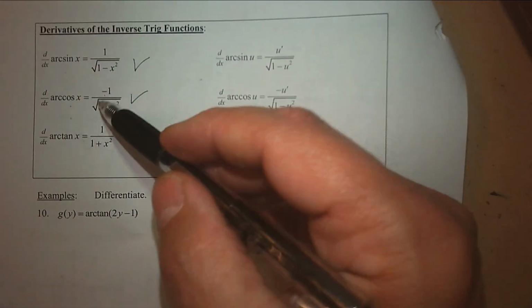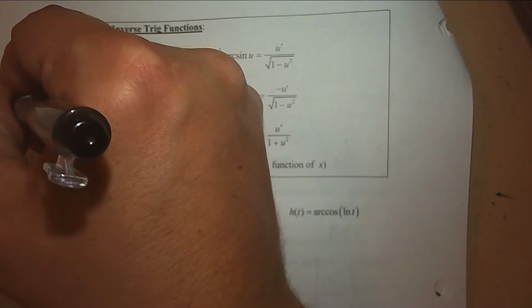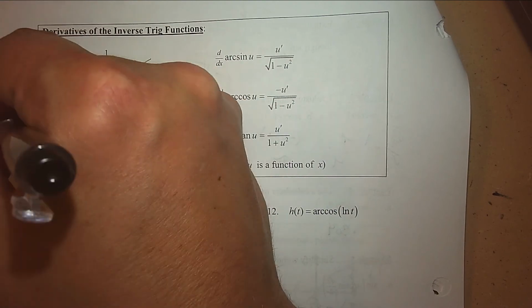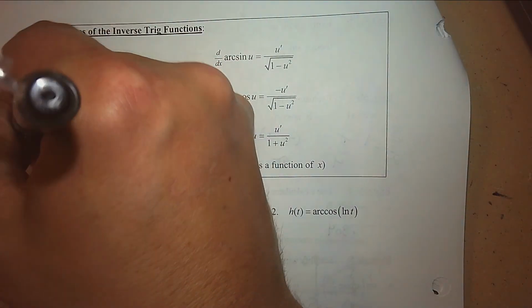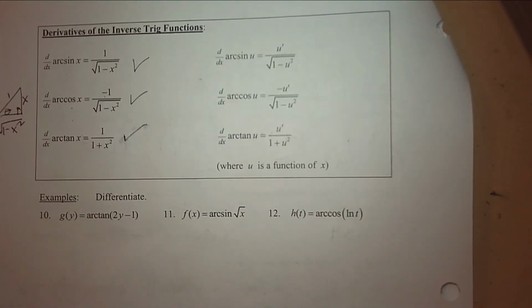So, different ways to remember it. If you think of that triangle where you have x over 1 and you solved for the missing side, you can see where 1 minus x squared came from, and it's 1 over that.